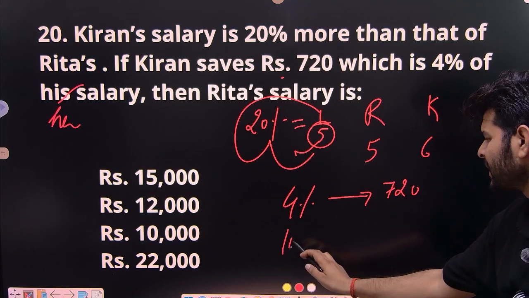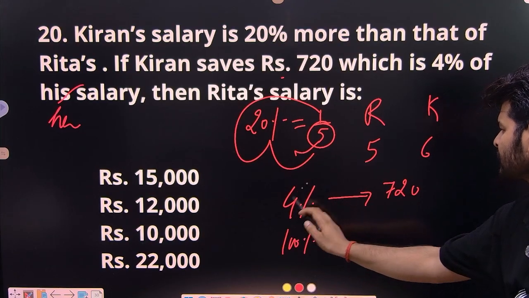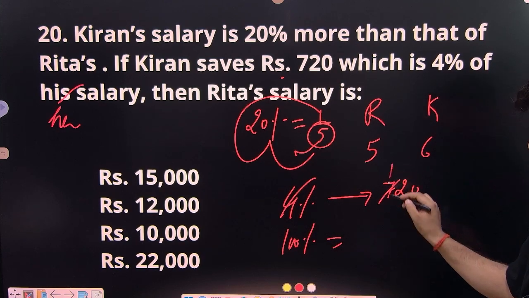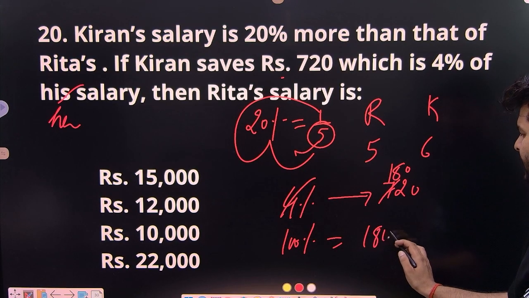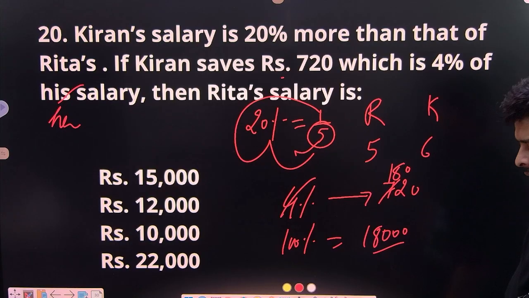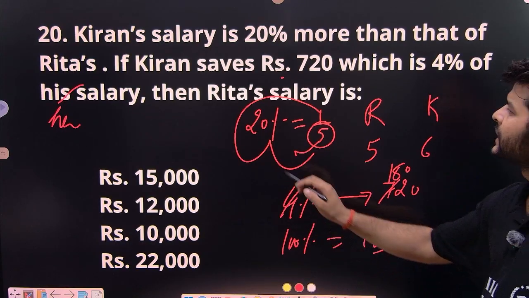Then 100% will represent 18,000. Got it? And 100% will represent 18,000. That is the salary of Kiran.